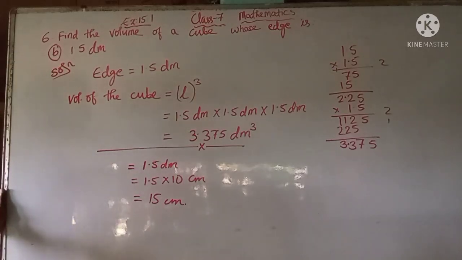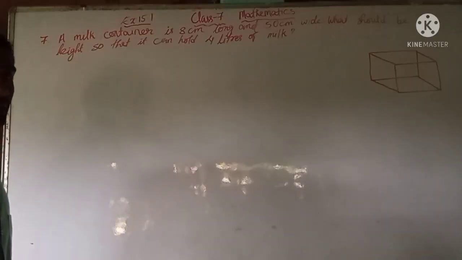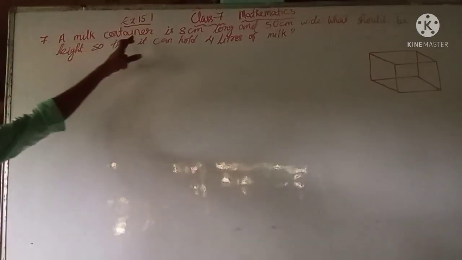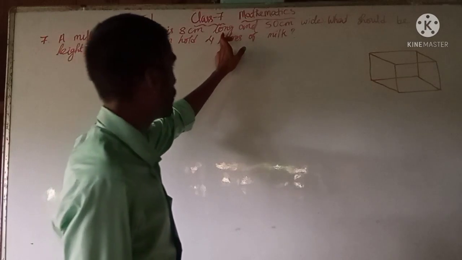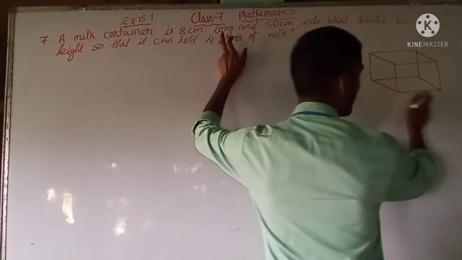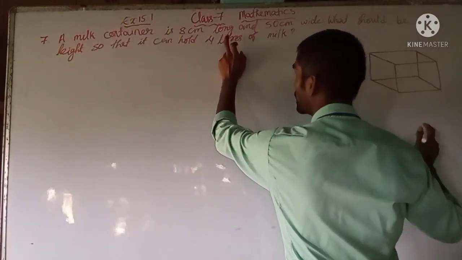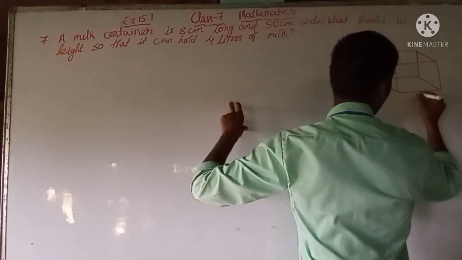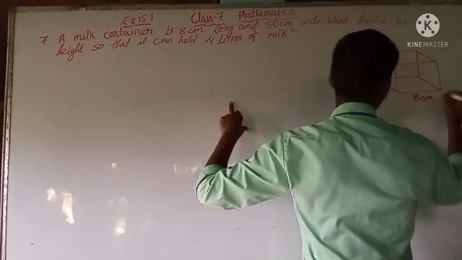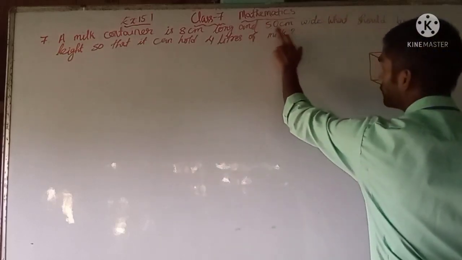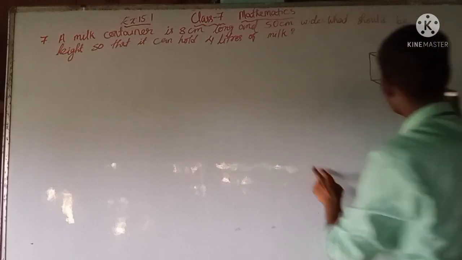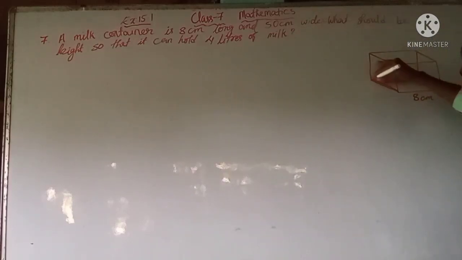Now question number 7. A milk container is 8 centimeter long. That means the milk container is in the shape of a cuboid and it is 8 centimeter long and 50 centimeter wide. That means the wide part is 50 centimeter.